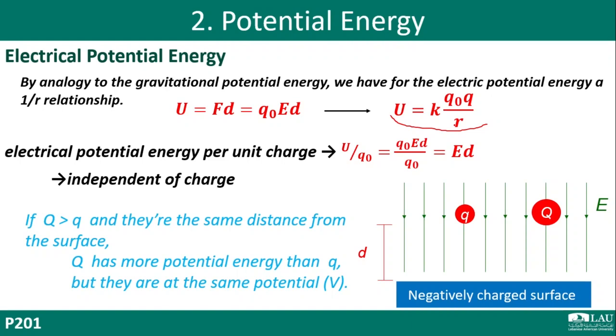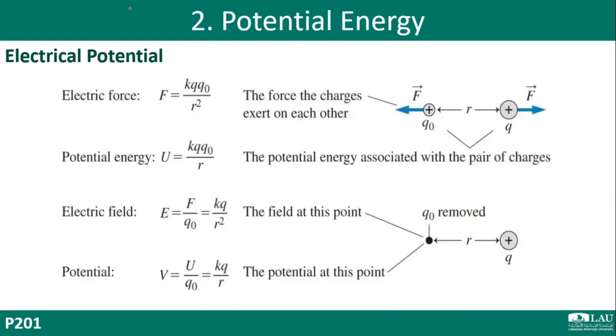So before discussing this part, let's do a recap. The electric force is calculated using Coulomb's law. It's K, Coulomb's constant, times Q, the source charge, Q0, the test charge, over R squared. So the force that the charges exert on each other is F. As you can see here, we have two charges with the same sign.